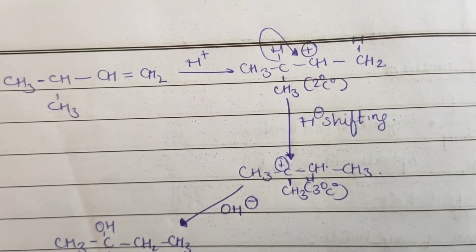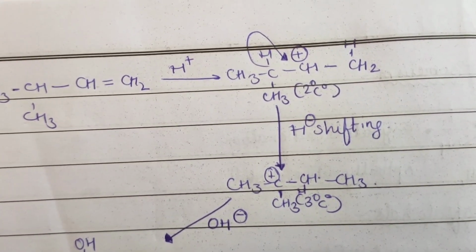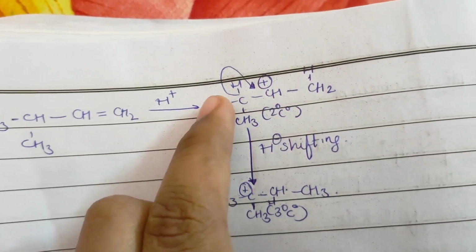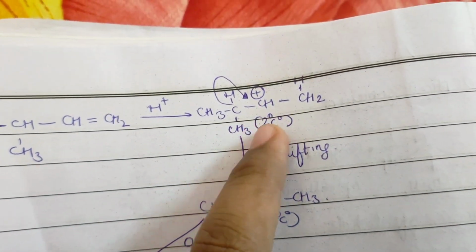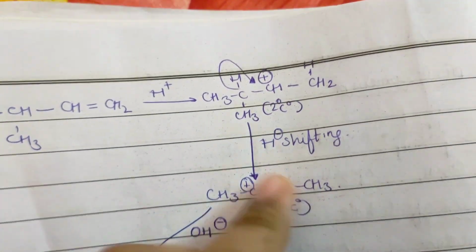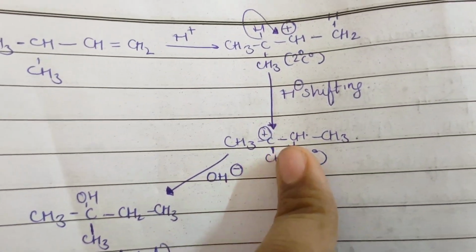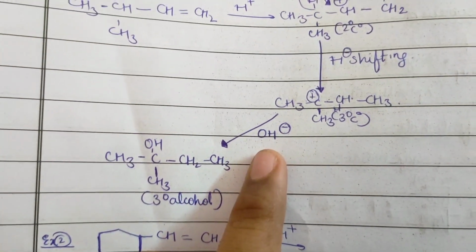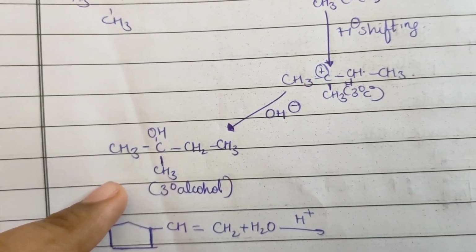Here this hydrogen will go here and gives a plus symbol. Here you can see a secondary carbon. Then hydrogen shifting will occur and it forms this type of structure. Then OH minus is added. Finally we'll get the tertiary alcohol.